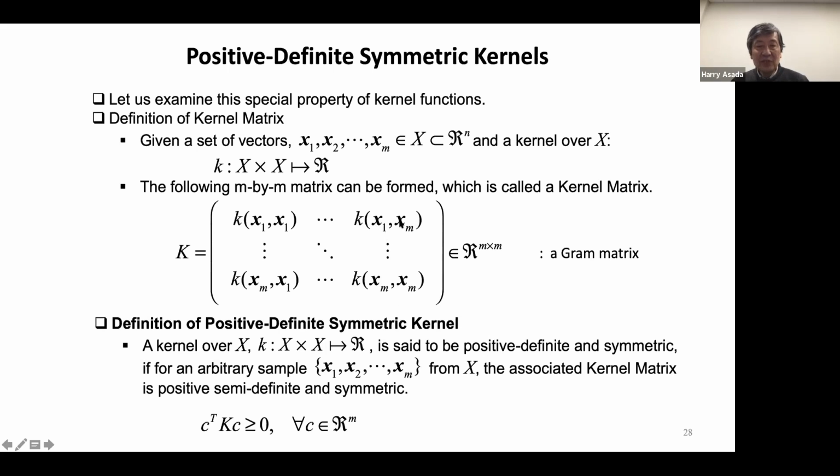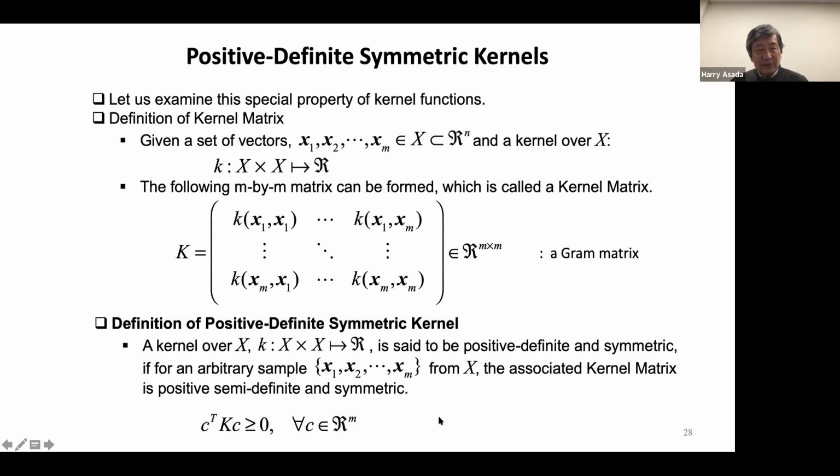If you swap the arguments, it should be the same; you can check that on the original kernel function quite easily. But the positive definiteness is, in fact, defined as the positive semi-definiteness of the kernel matrix.